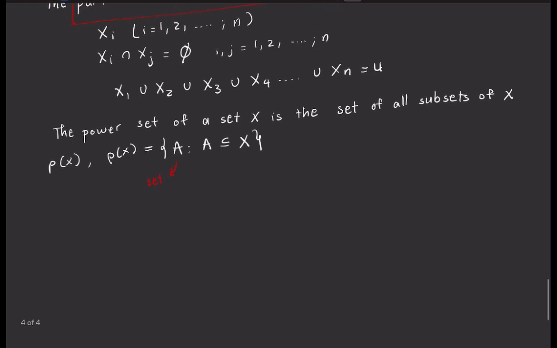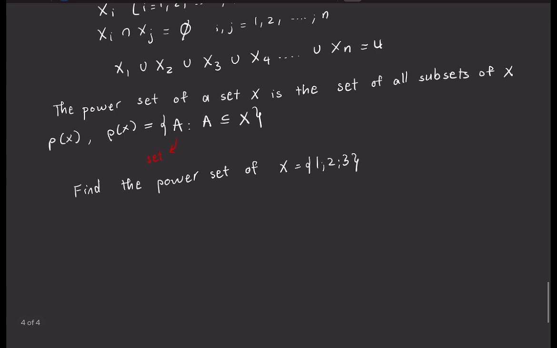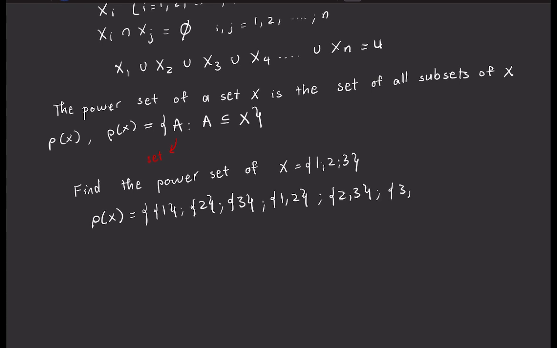So let's say we find the power set of X equal to {1, 2, 3}. We're going to have rho X over here as the set of {1}, {2}, {3}, and then {1, 2}, {2, 3}, and then {3, 1}.